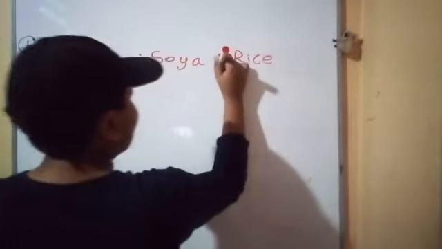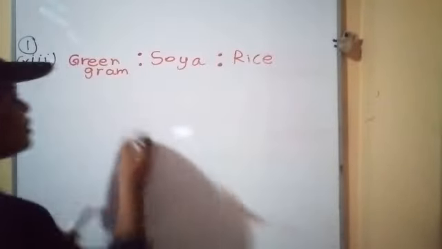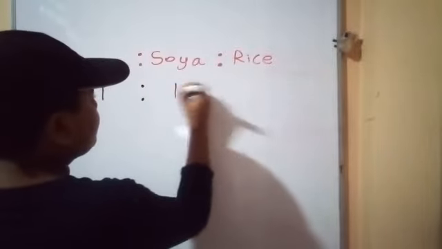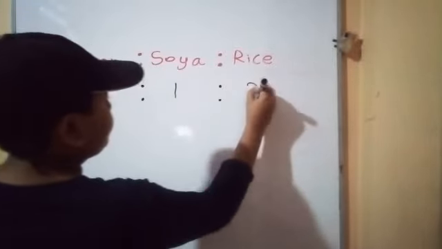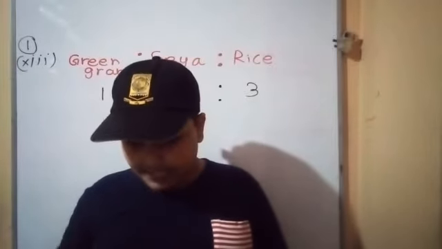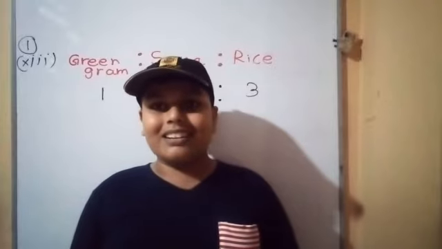Green gram to soya to rice, they have a ratio 1 to 1 to 3. Find the amount of rice that is included in one such 100-gram food packet.